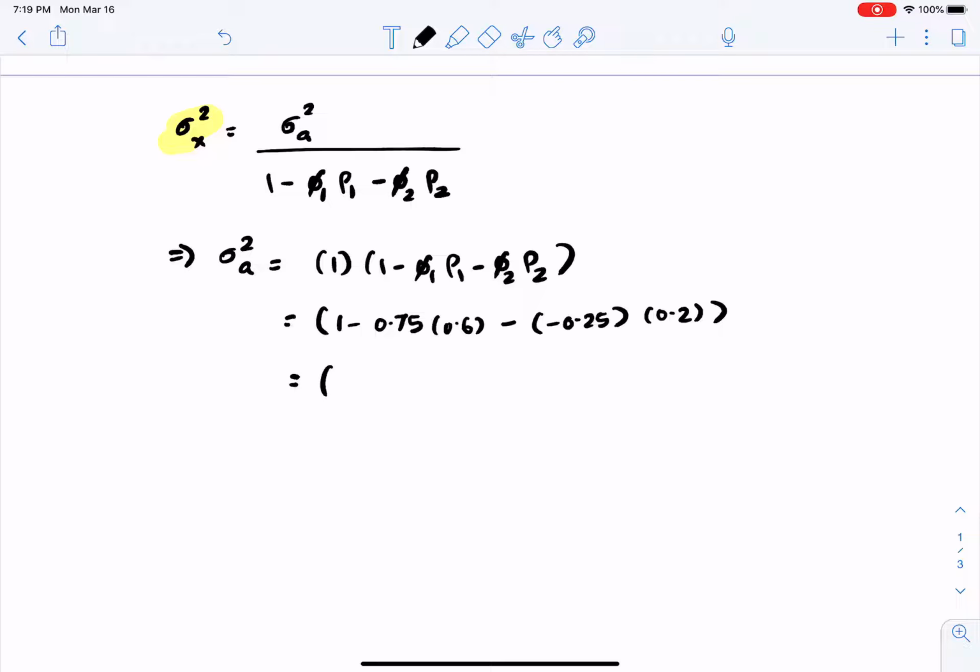So if we plug that all in, we end up getting 0.6.